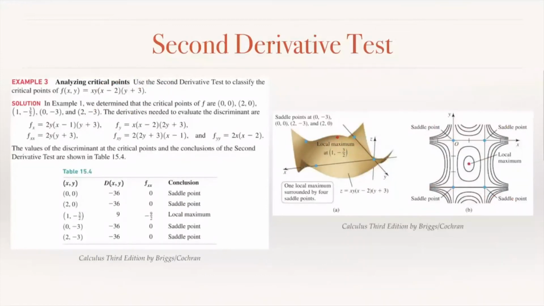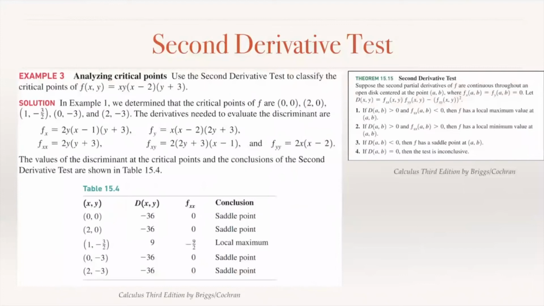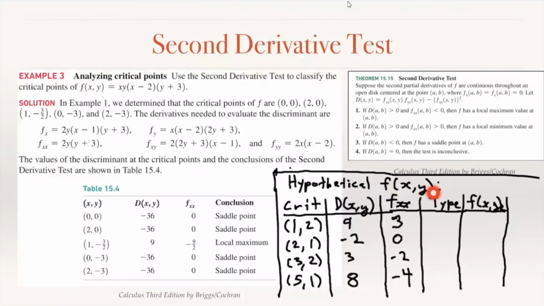Now we can also find absolute minima and maxima. One thing I want to illustrate is making a table to find not just local minima and maxima, but absolute ones on some domain. Suppose that hypothetically we have some function f of xy in which we find these 4 critical points, and we want to find its absolute minima and maxima. We can make our list of critical points and find D of xy for each.